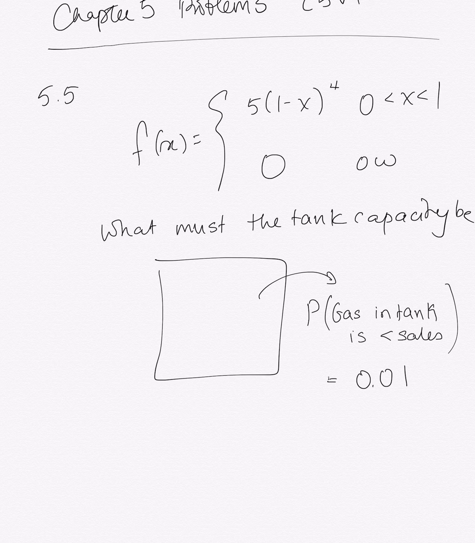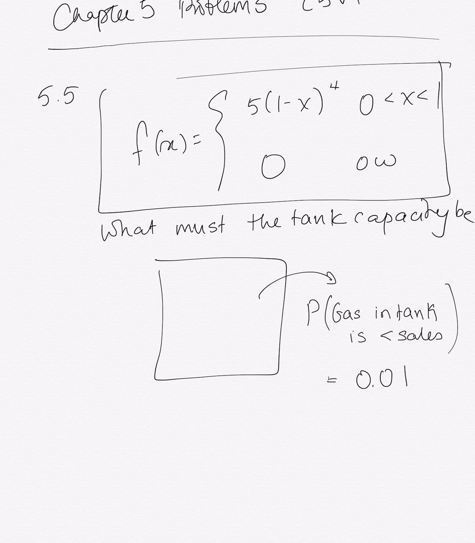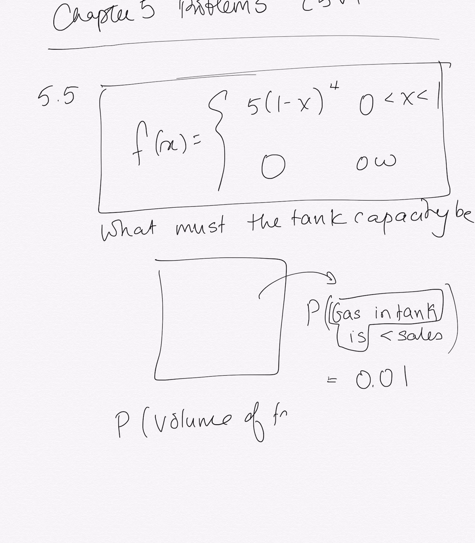Now let's apply what we know about the sales. What do we know? We know that the density of the sales is 5 times (1 minus x) to the 4th when x is between 0 and 1. So we need to find this number, the volume of the tank. So we want the probability that the volume of the tank is less than the sales to be equal to 0.01.